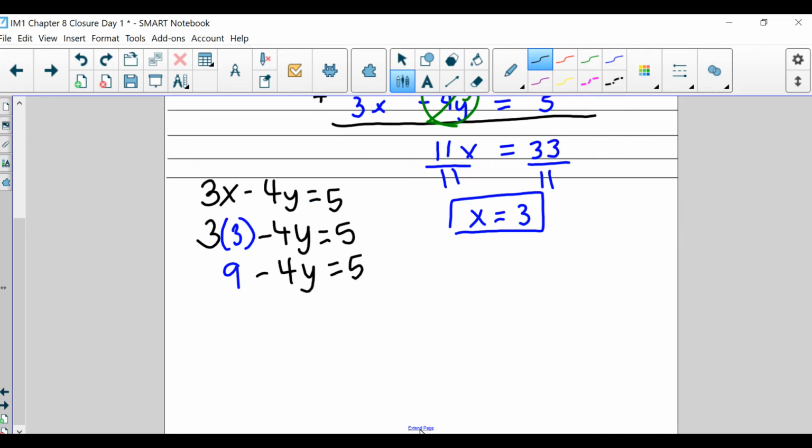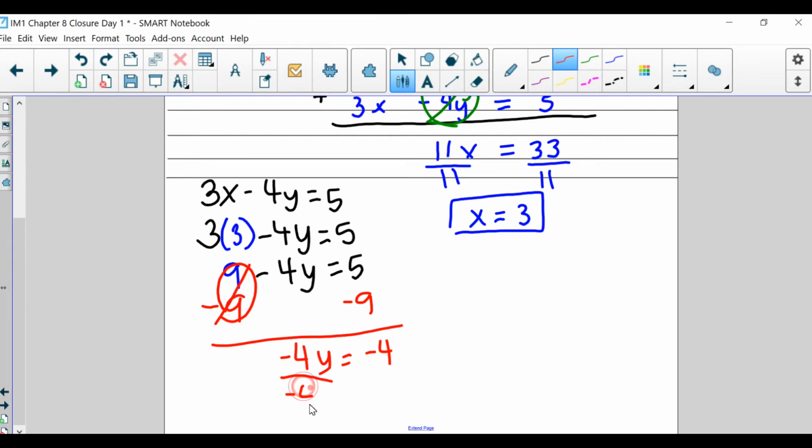Continuing on, it looks like this answer is not going to be a whole number. So we're going to go subtract the 9 from both sides. Or is it? Actually, no, it is. I spoke too soon. Then we go negative 4y is equal to negative 4. And then we're going to divide by negative 4.